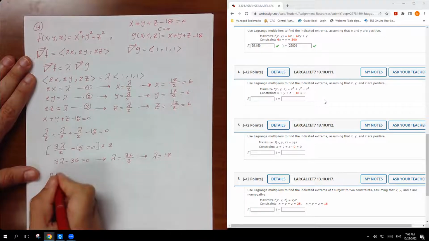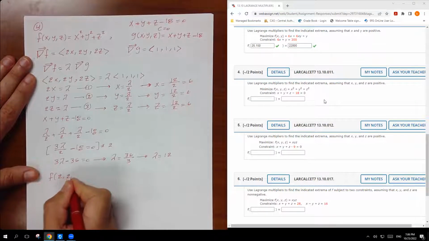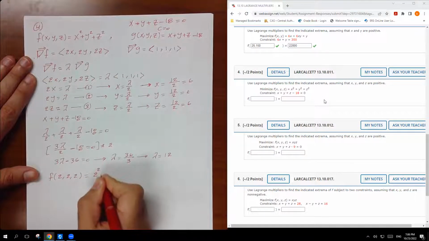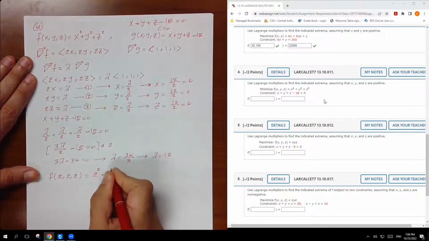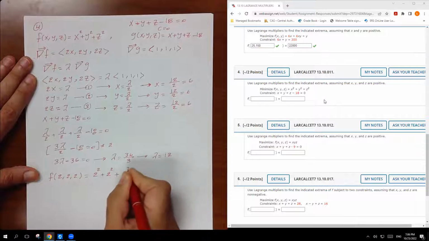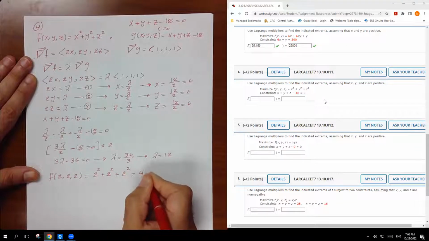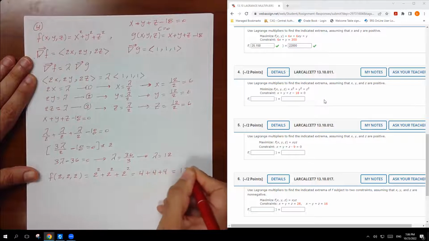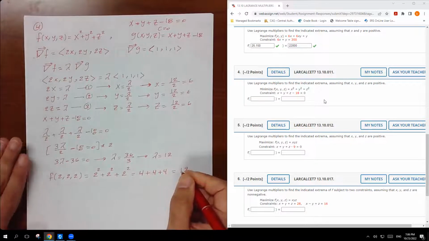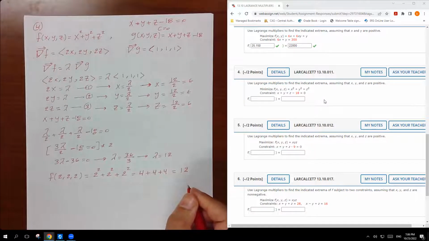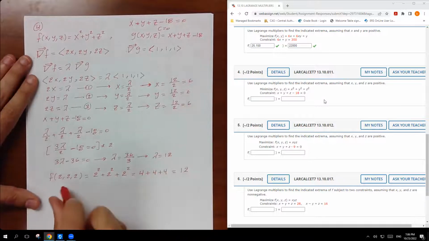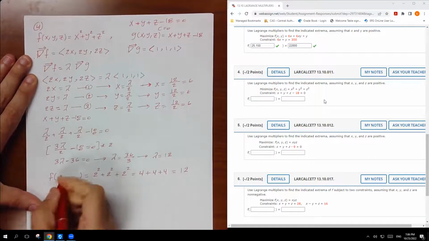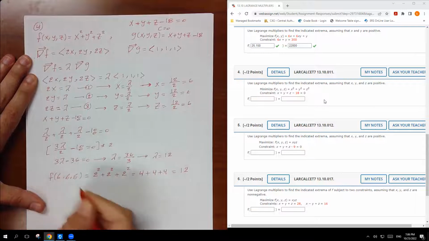That means f(2, 2, 2) is going to be equal to 2 squared plus 2 squared plus 2 squared, which is 4 plus 4 plus 4, equal to 12. No, it's a 6. Why did I put 2? So 6, 6, and 6.